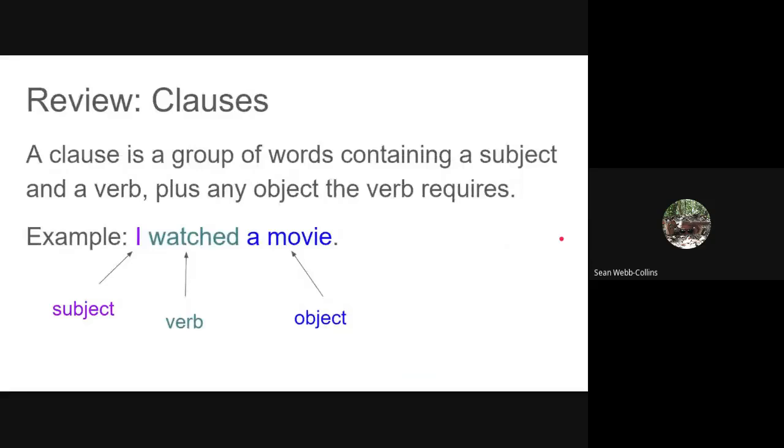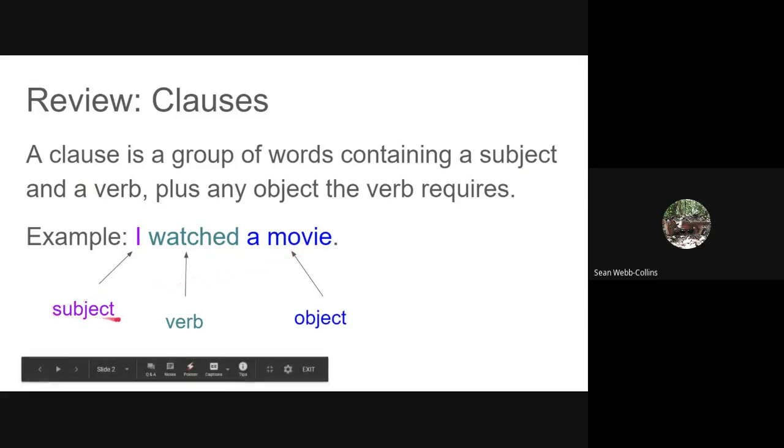So, quick review. A clause is a group of words containing a subject and a verb plus any object the verb requires. For example, I watched a movie.